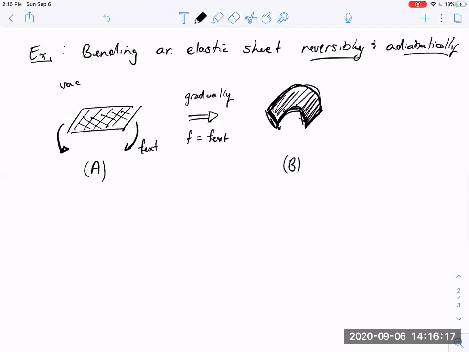I have to apply a force to bend it, which means that in general, if I apply a force, there's a force that is pushing in the opposite direction. If I apply a force gradually enough such that the sheet is always opposing that bending with a force that is equal and opposite in direction to the force I'm applying, that's what we would mean by a reversible transformation.